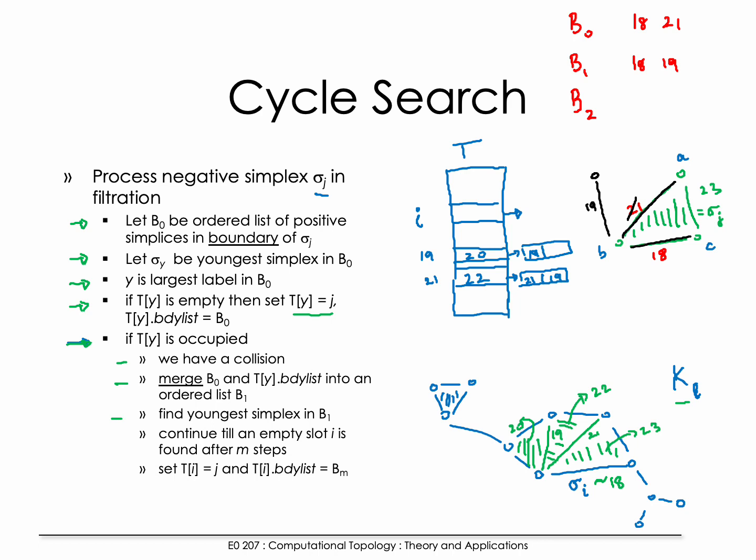So you will have only one entry, which is 19. And when you merge that list with B2, you get 18. So B2 is now 18. And we continue this process until we find an empty slot.